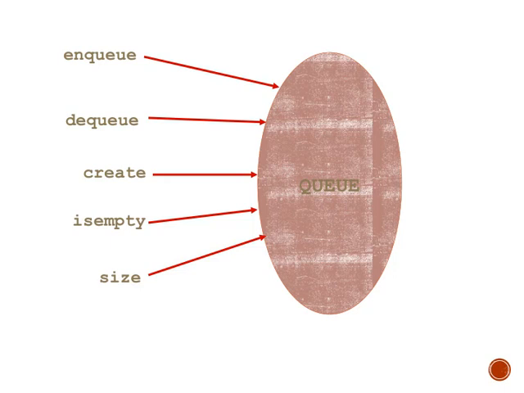Let's take a closer look at the concept of a queue. A queue is a fundamental data structure, and understanding its operations is key to using it effectively. First, we have enqueue, which is the process of adding an element to the end of the queue. Think of it like standing in line at a store. You join the back of the line. Next is create, which refers to initializing a new, empty queue ready for use. Then there's dequeue, which is removing an element from the front of the queue, like being served at the counter and moving on.